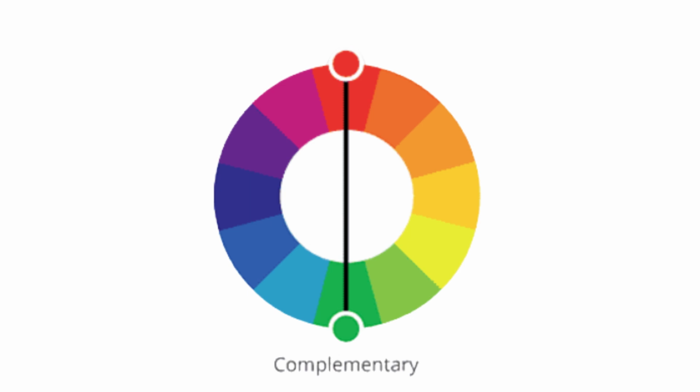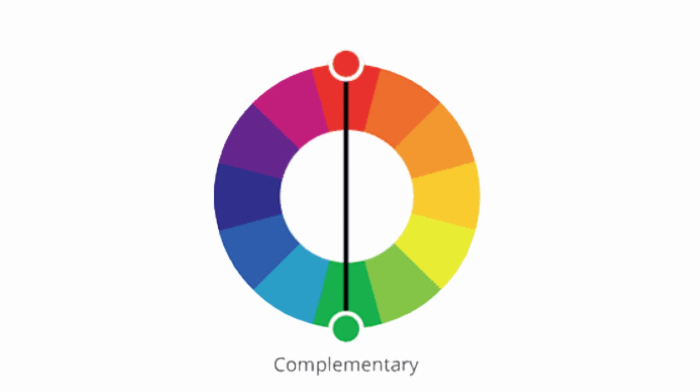The colors that are directly across from each other are called complementary colors, and they are as opposite as those colors can be on the spectrum. So red is a complementary color to green, blue to orange, yellow to purple.